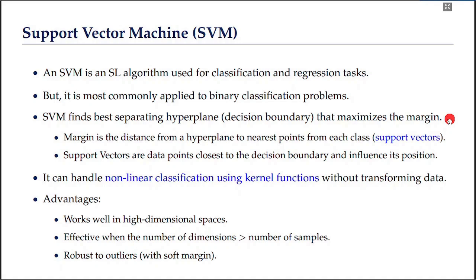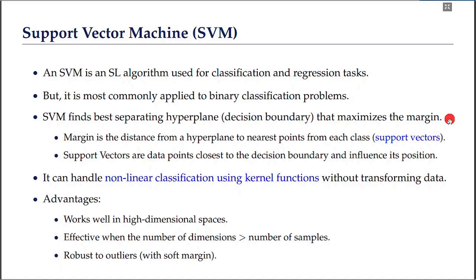The margin is nothing but the distance from a hyperplane to the nearest points from each class. Those nearest points from each class are called support vectors, and these points determine the decision boundary of the support vector machine.